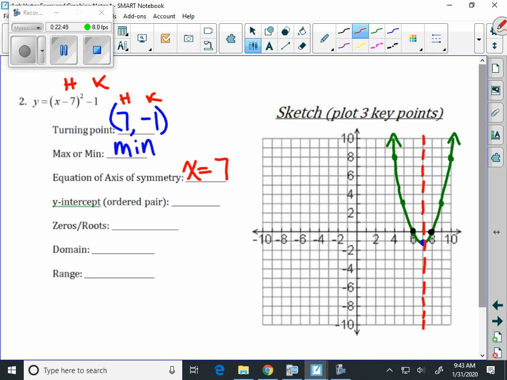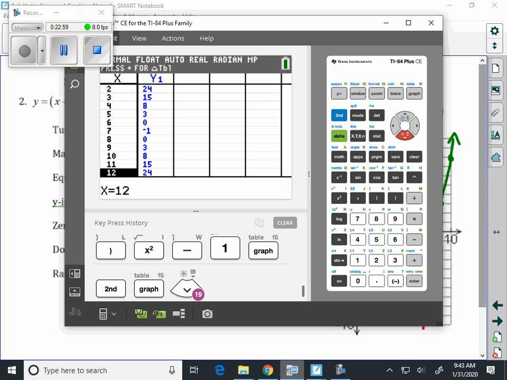The y-intercept, we cannot see it on this picture. Where it crosses the y-axis, that's when we want to go back to our calculator, and we want to look at the screen, and I need to scroll a little bit because I can't see the 0. But once I can see x equals 0, we can find our y-intercept.